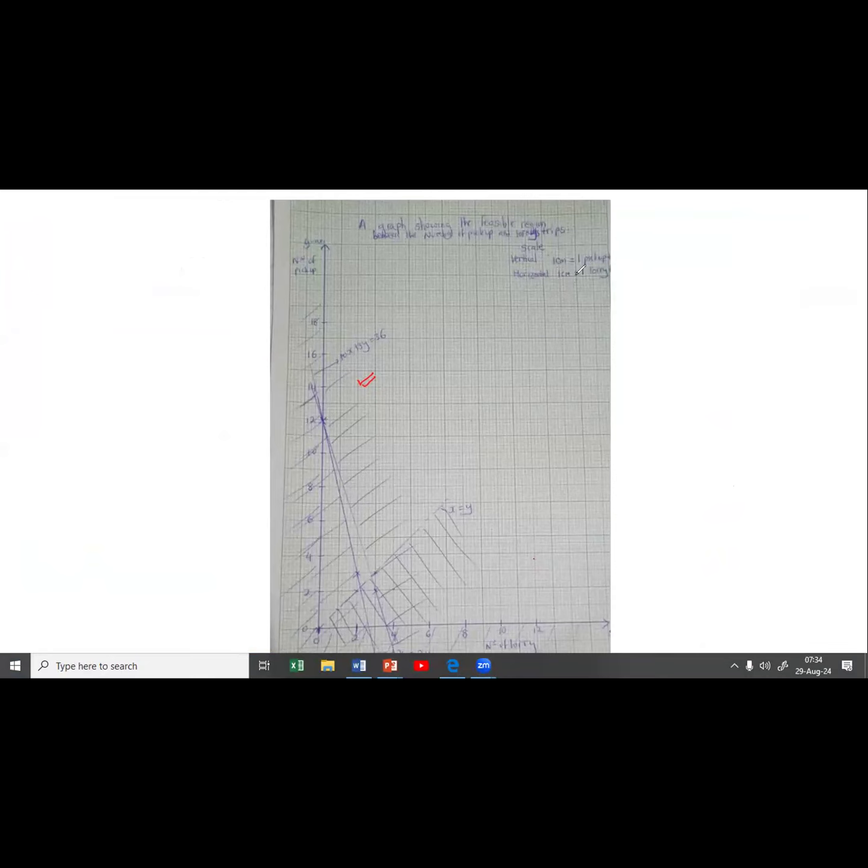Horizontally, 1 centimeter represents 1 trip made by the lorry.